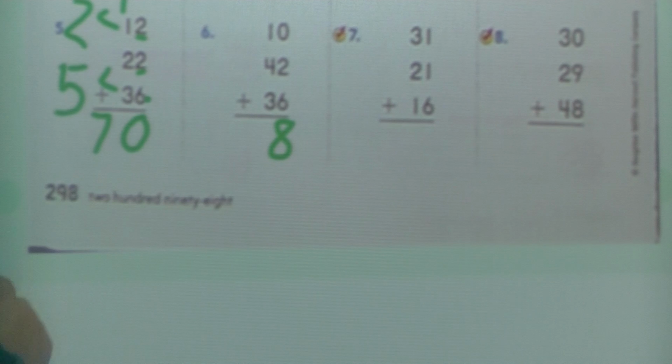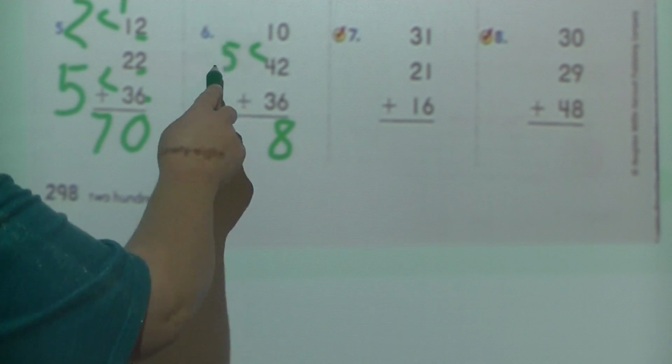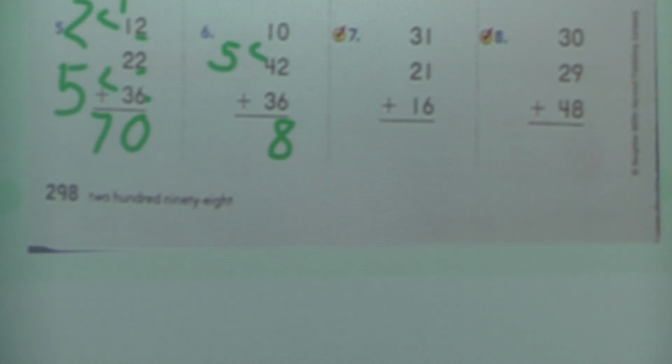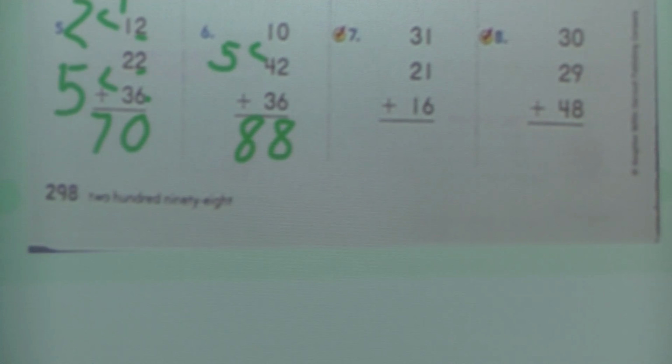Now, 1 plus 4 is 5. 5 plus 3 is 8. Your answer is 88.